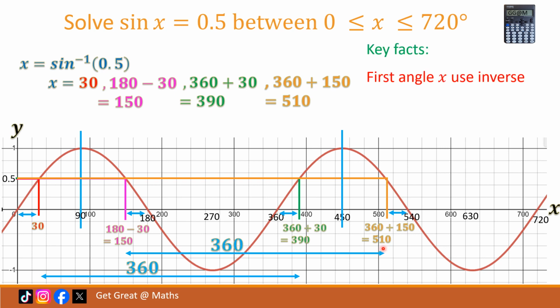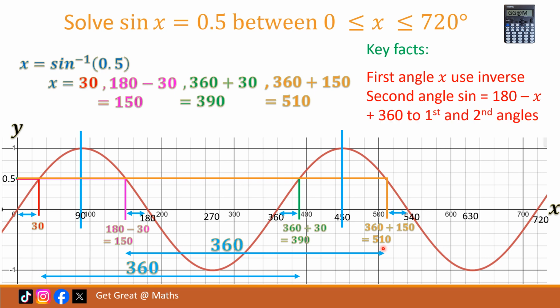So our key facts that you need to write down are the first angle, x, we need to use the inverse to find that value of x. To find the second angle on the sine curve, you need to do 180 take away the value of x. If you add 360 degrees to both the angle you got in the first one and the second angle, that will give you the third and the fourth angles.